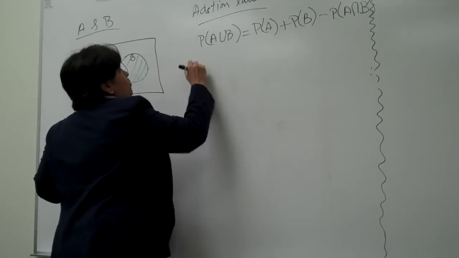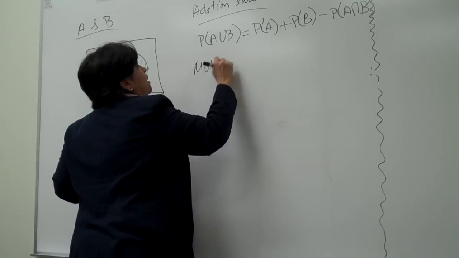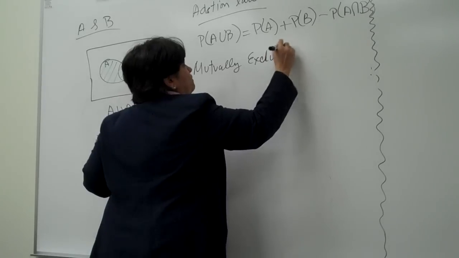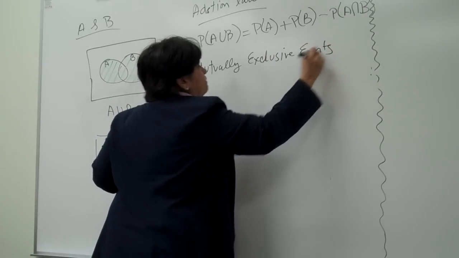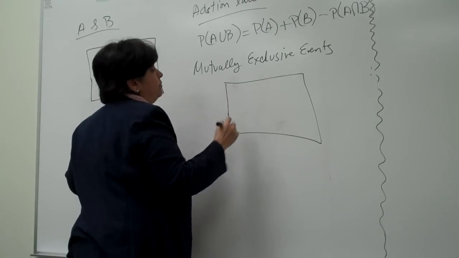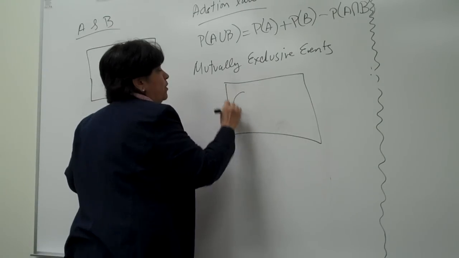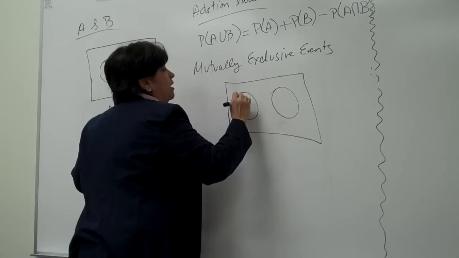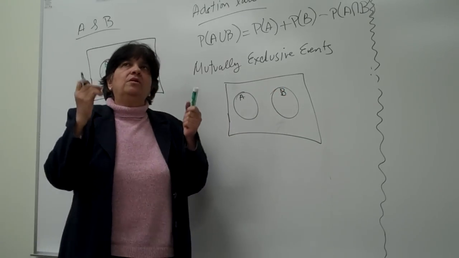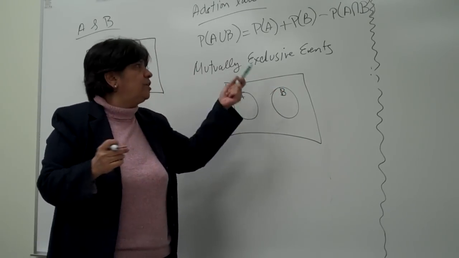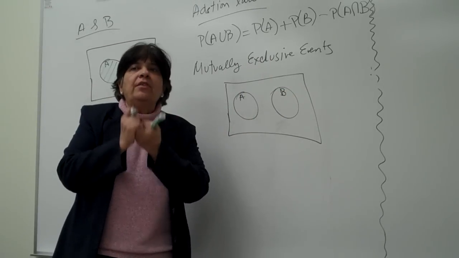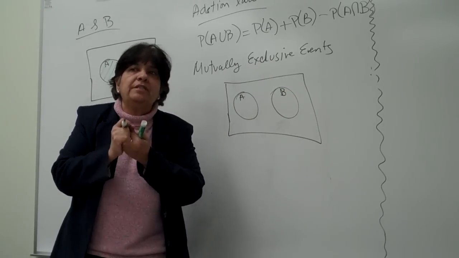Now, we have what is called mutually exclusive events. Let's draw the sample space, and we have A and B, and the only way that we have mutually exclusive events is that we don't have any points that belong to both at the same time.